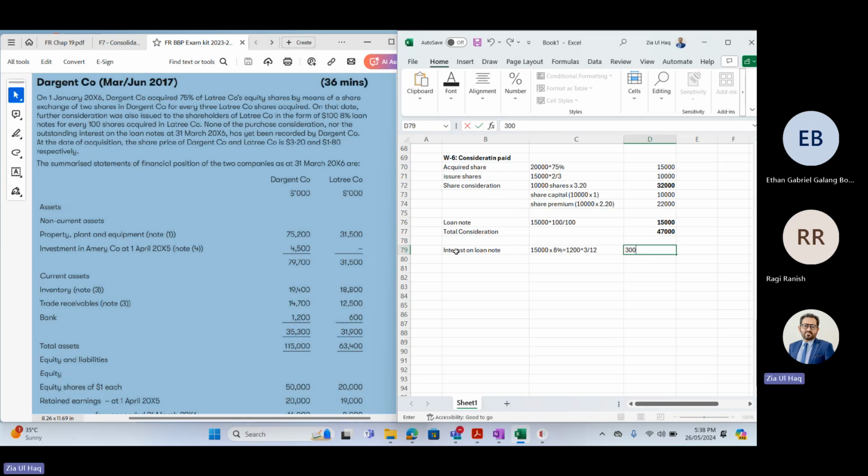Where should it be recorded? Current liability. Where else? Expense for the year, in P&L. We are in balance sheet. Where should that 300 be adjusted?